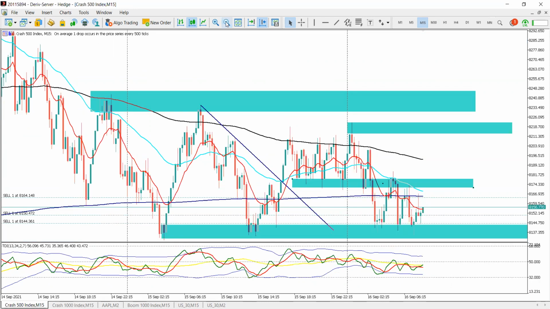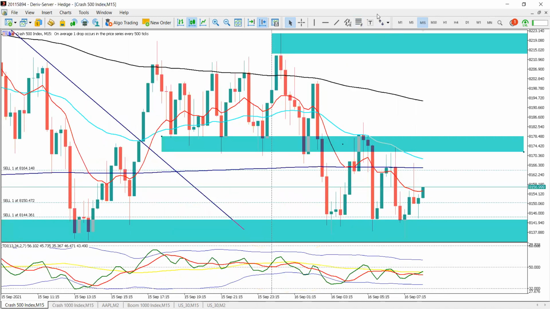If you enter a trade, I'm just going to give a quick example. Let's say you caught the first sell on C5 and you were in, let's say you entered a sell here in this zone.